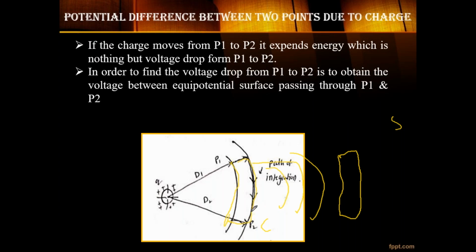Compared to that, the solid conductor has an equipotential surface, allowing equal passing of charges through the entire line. Now, from this circuit diagram, we can calculate the potential drop across points P1 and P2.